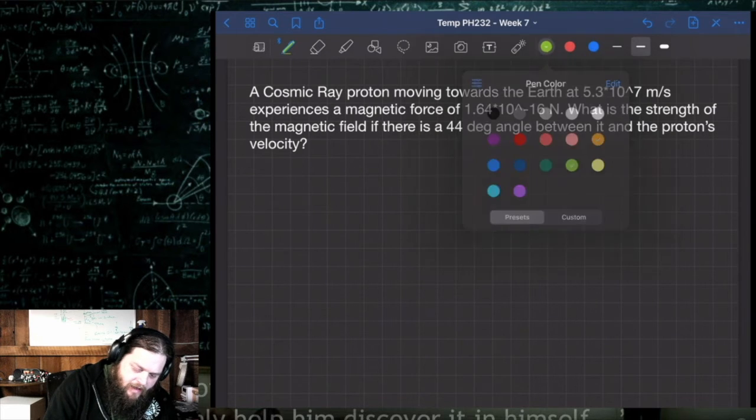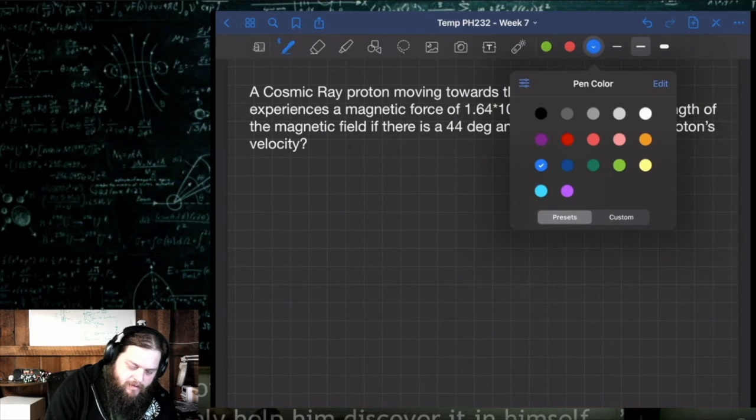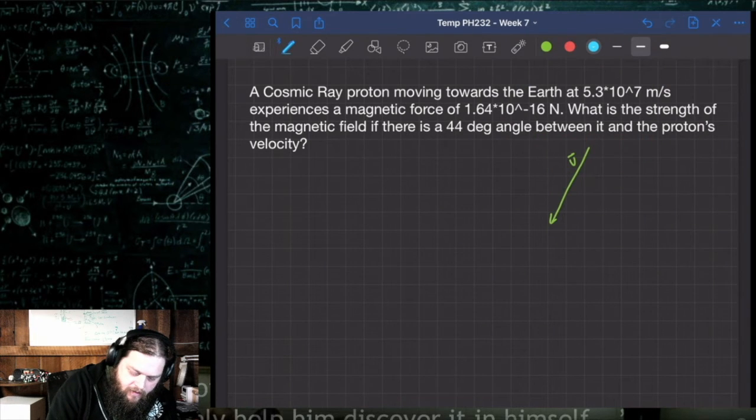So if I had some velocity, and it's going to be coming down like this. This is my proton. And let's say Earth's magnetic field at this point is 44 degrees. So I'm going to draw that in this light blue color. It's going kind of this way.